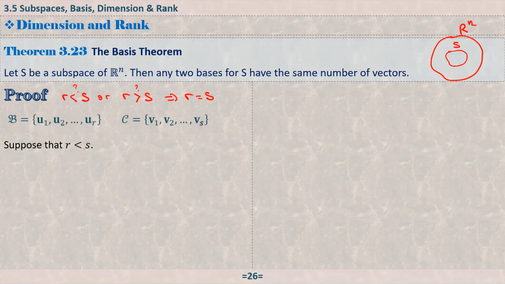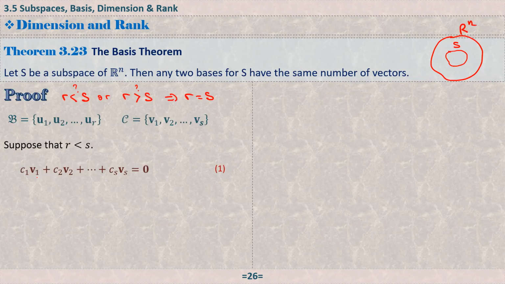If we assume that r is less than s, and we write a linear combination of these vectors, since we are assuming v1, v2, ..., vs is also a basis, these vectors must be linearly independent.